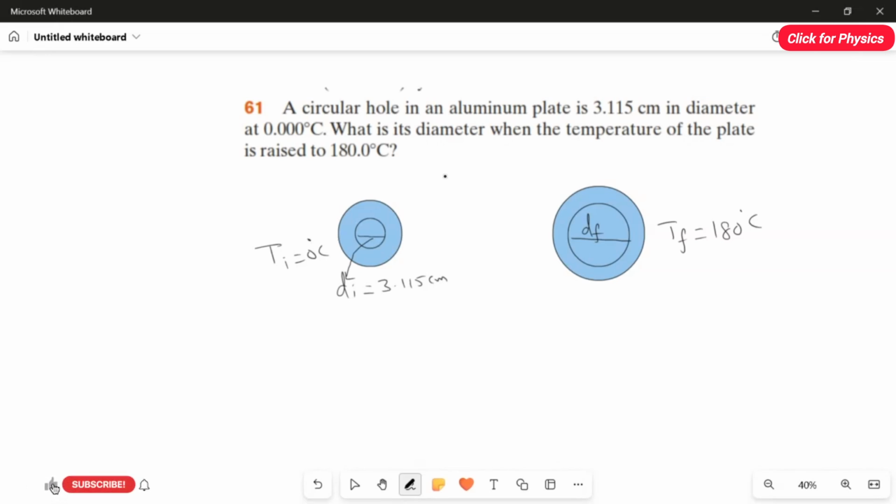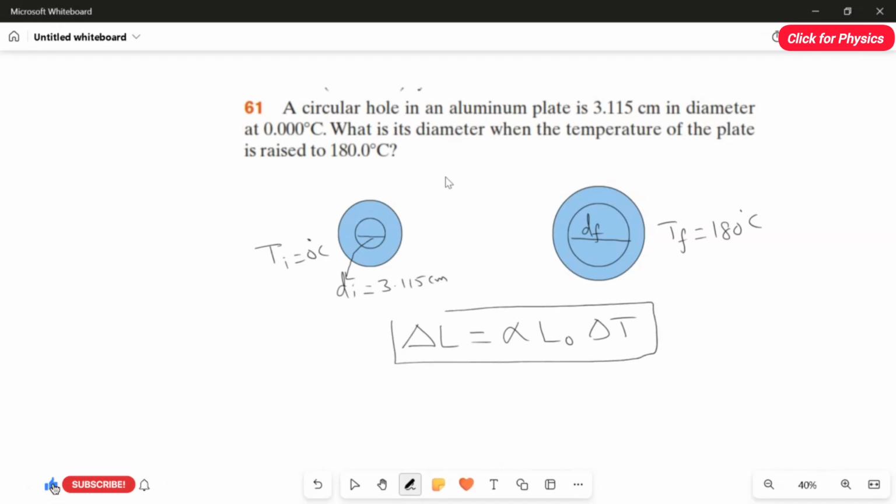So for that, let's take the formula of linear expansion. The formula for linear expansion is given by the rule delta L equal to alpha L naught delta T. This is the rule we studied.